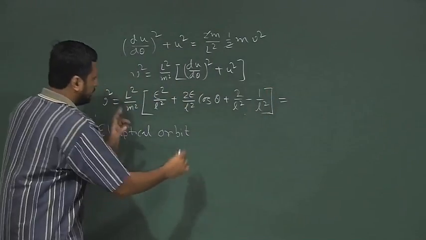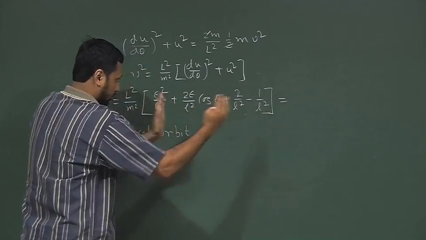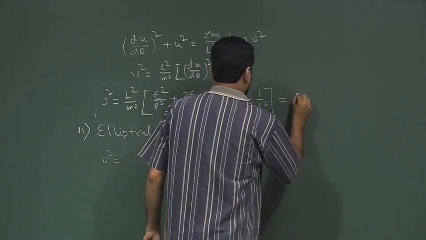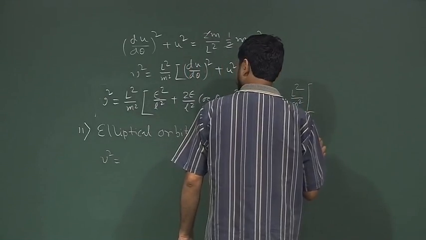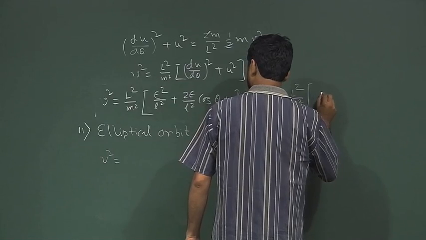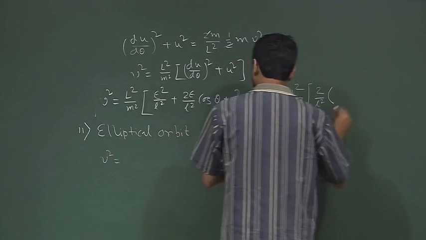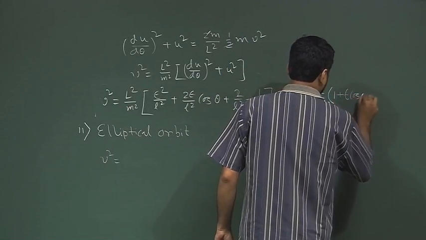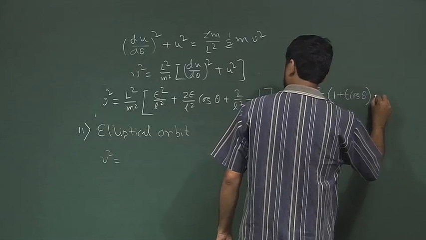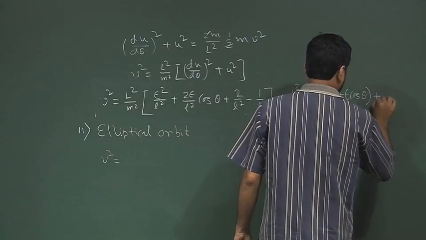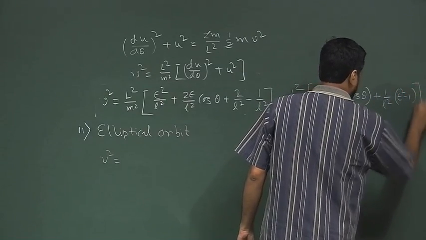Now, if you take these two terms separately and take the other two terms in another group, from the first group you get 2 by L square into 1 plus epsilon cos theta, and from the second group it is plus 1 by L square into epsilon square minus 1.